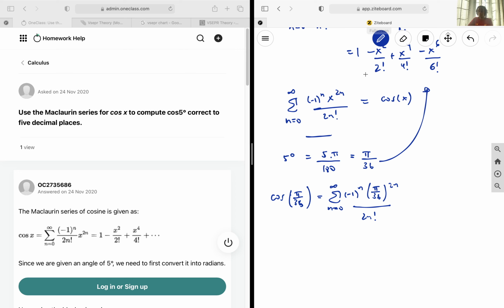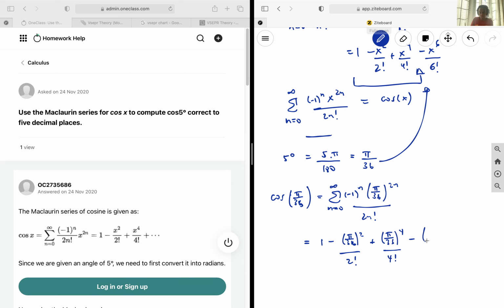And so now we're just going to want to evaluate the first couple of terms. We actually only need until here in order for it to be quite accurate with what you'd plug into your calculator, because the decimal points past then won't necessarily matter. So that would be 1 minus pi over 36 squared over 2 factorial plus pi over 36 to the power of 4 over 4 factorial.